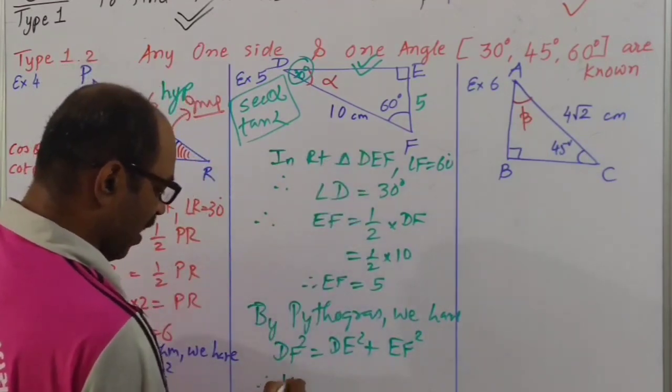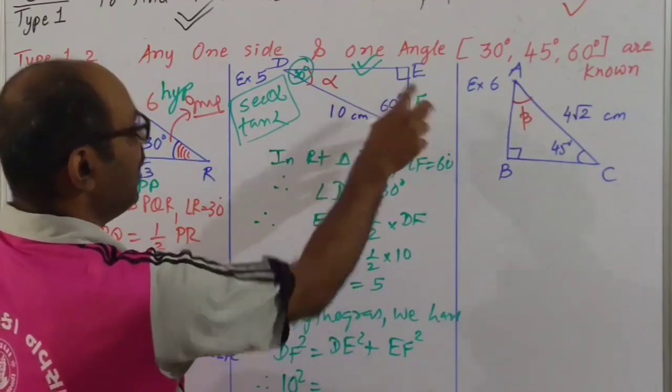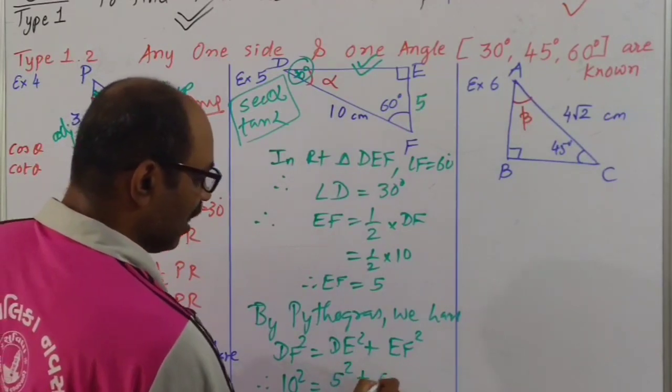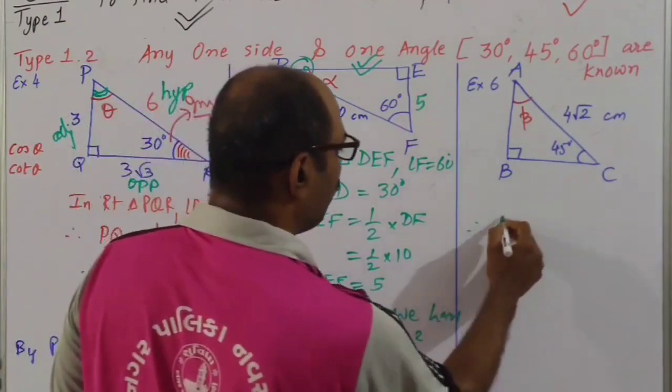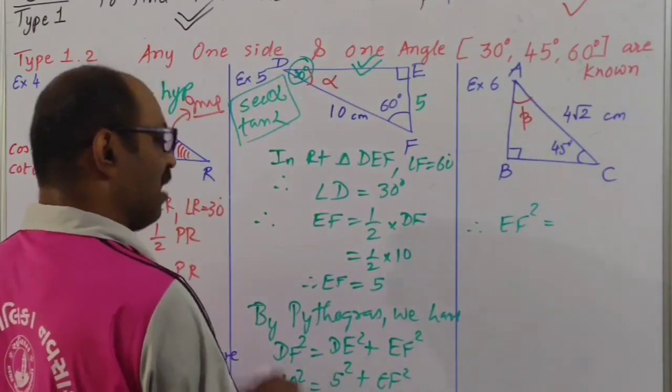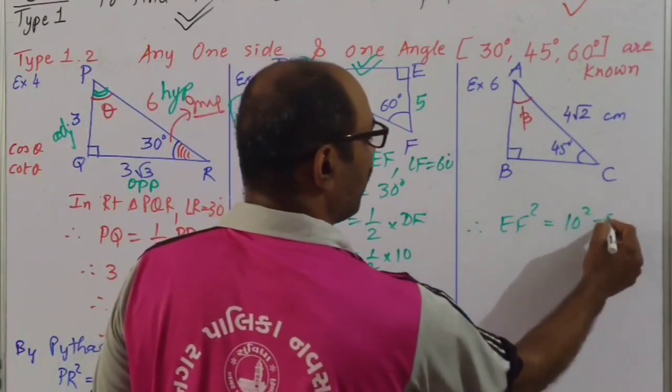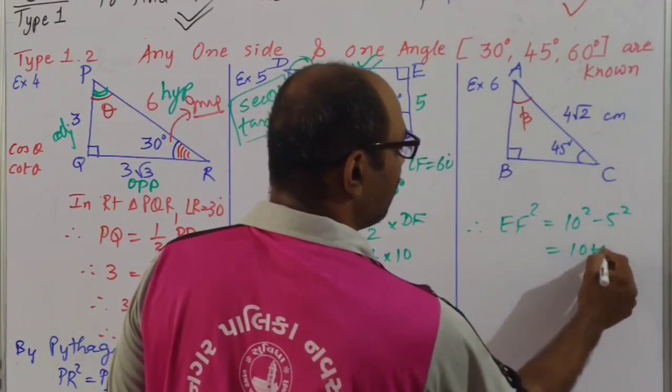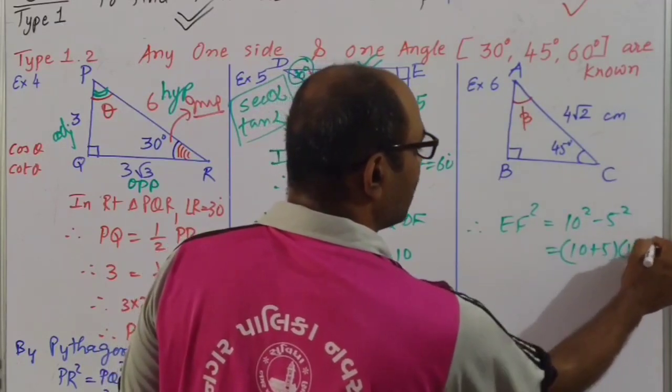DF is 10 square, DE is 5 square plus EF square. Therefore, EF square is equal to 10 square minus 5 square.